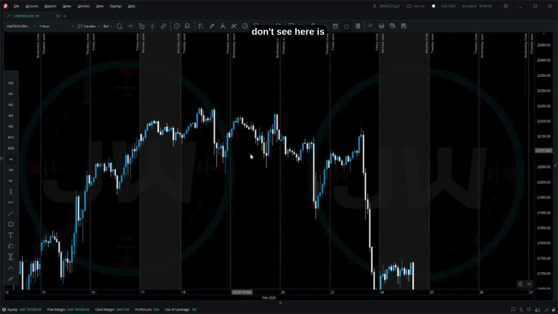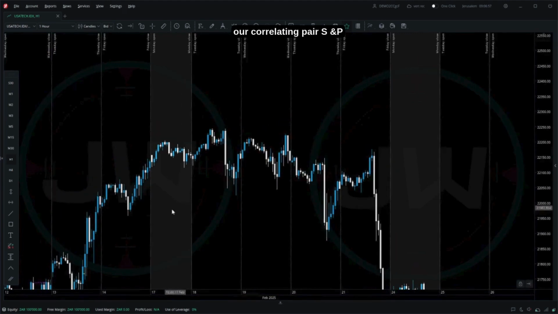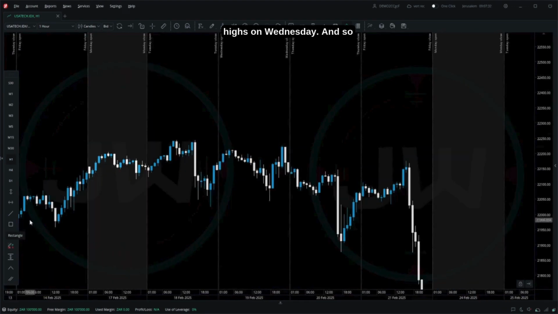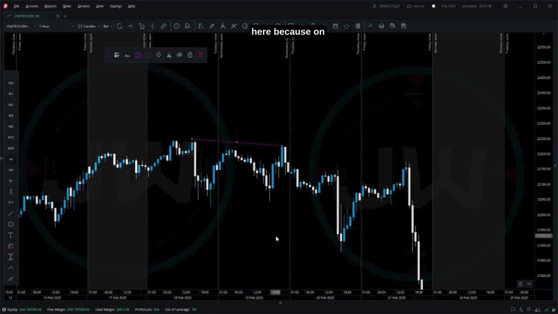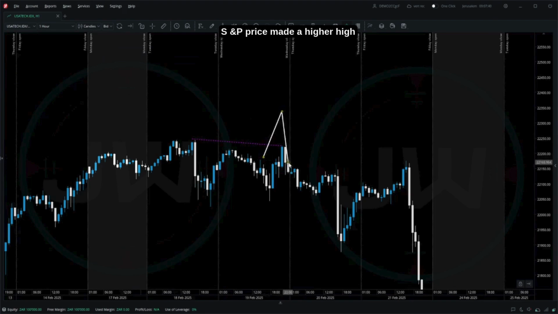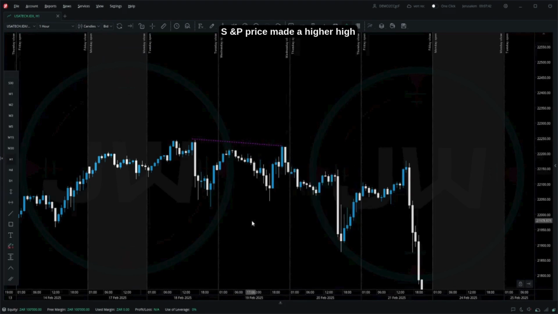What we don't see here is our correlating pair S&P creating the high of the week on Wednesday. And you can see here we did not make new highs on Wednesday. And so again, we have another SMT here, because on S&P price made a higher high on Wednesday.